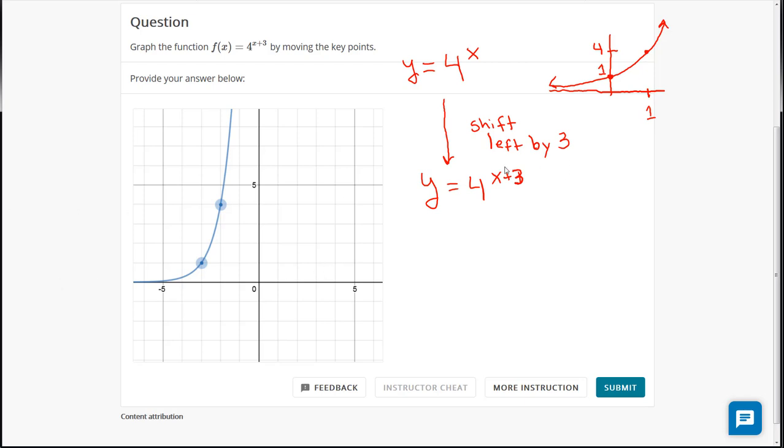This is why graph transformations are so handy. If you know the graph of one thing, it's very easy to get the graph of a whole bunch of other things. That's a really good bargain, because that's what we're looking for in life.